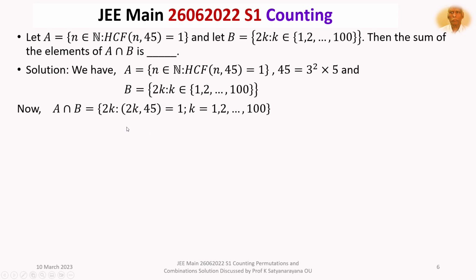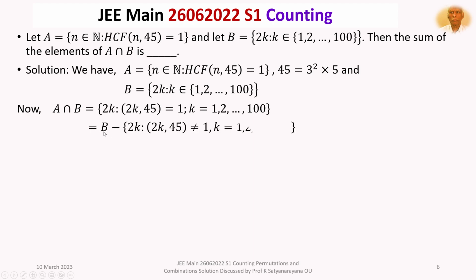To do this, first take B, capital B, and subtract all those 2k's where k belongs to 1, 2, 3 up to 100, such that 2k is not relatively prime to 45. That is, the GCD of 2k, 45 is not 1.